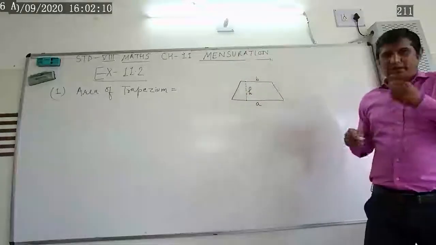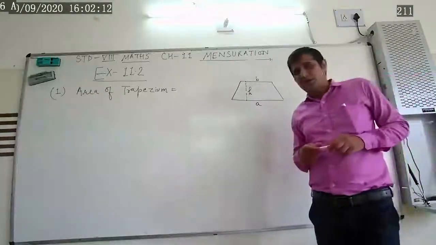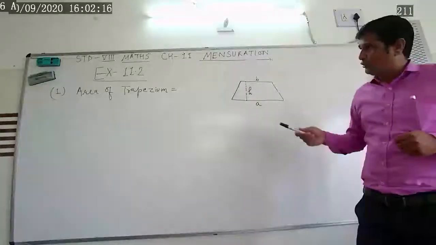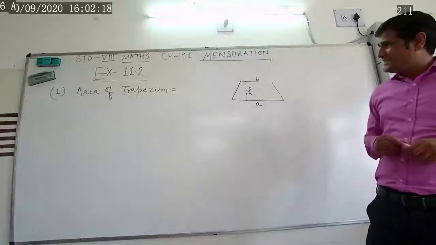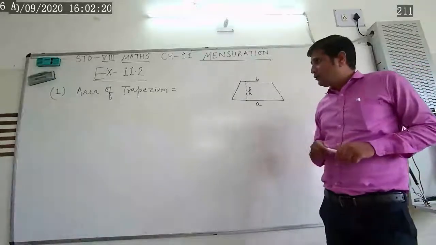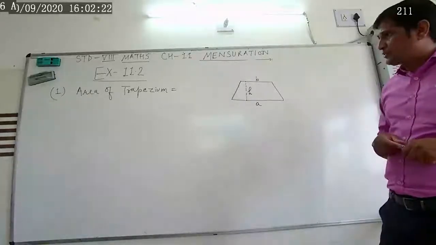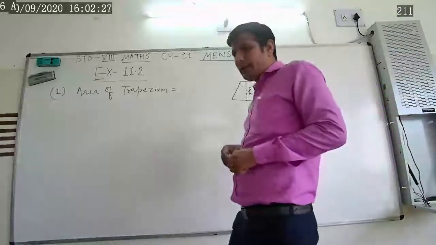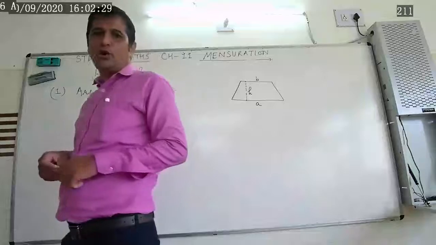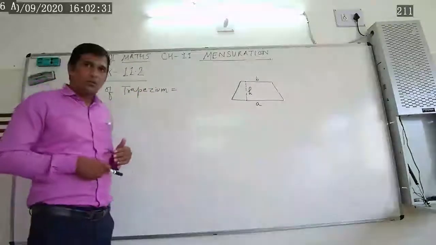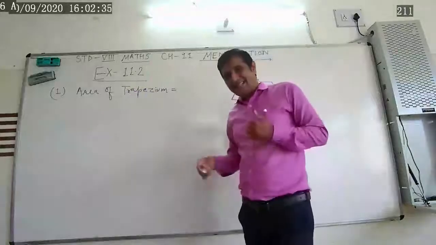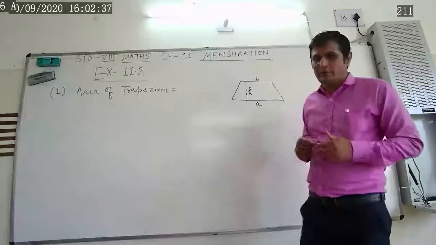Whatever the important geometrical shapes are useful in our day-to-day life, I will go through them, and the formula to find the area of that type of shape, I will write here on the board. You have to note down and apply the same formula to solve the questions that I will give you to solve. Okay? Extra questions you will solve in the workbook.